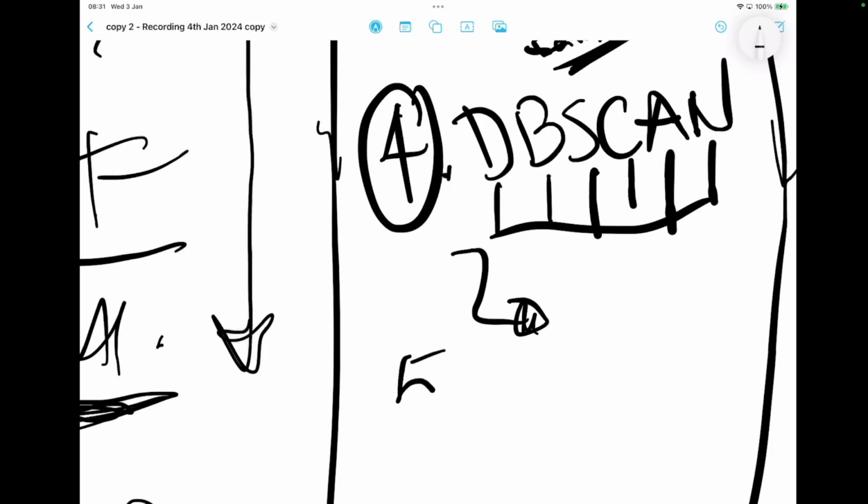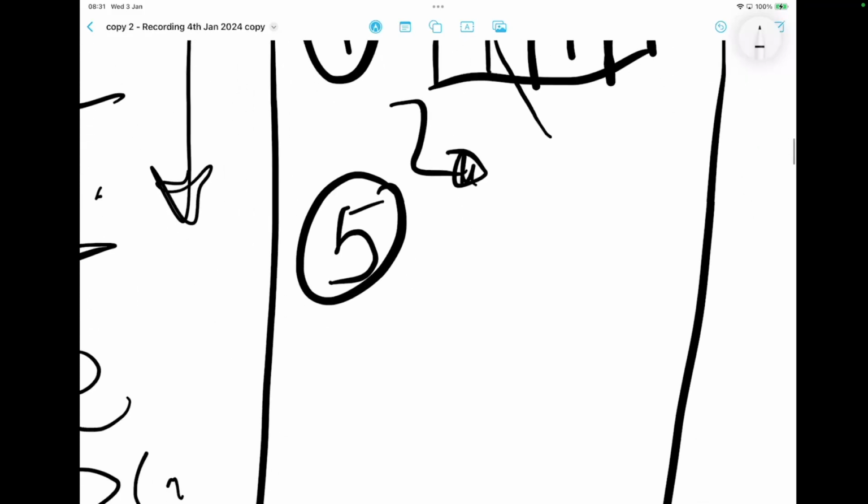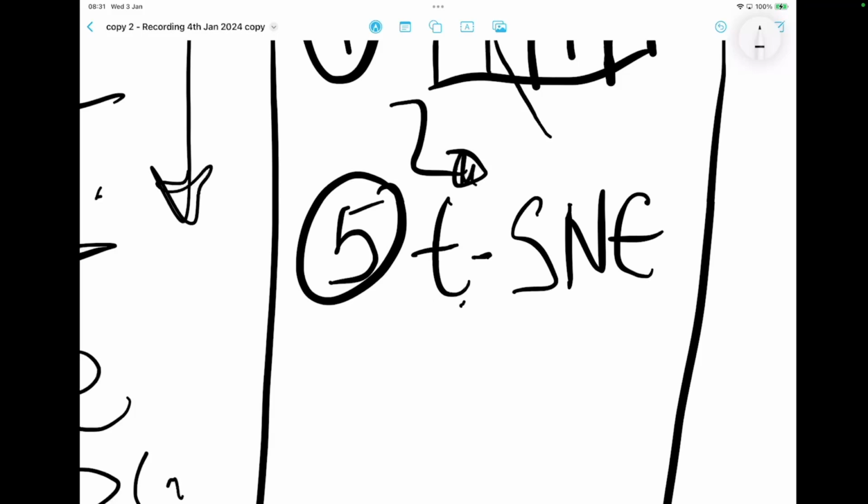The fifth algorithm in the unsupervised learning category is the t-distributed stochastic neighbor embedding, which is another mouthful, and it's usually abbreviated as t-SNE, which stands for t-distributed stochastic neighbor embedding. What does it do?